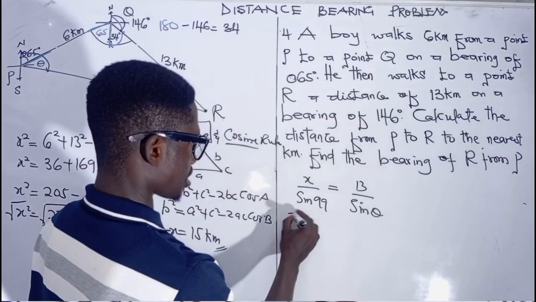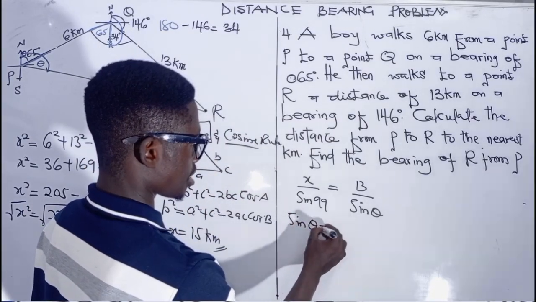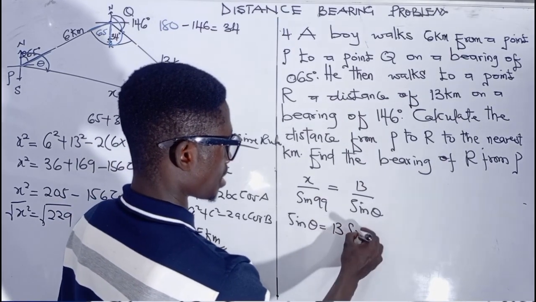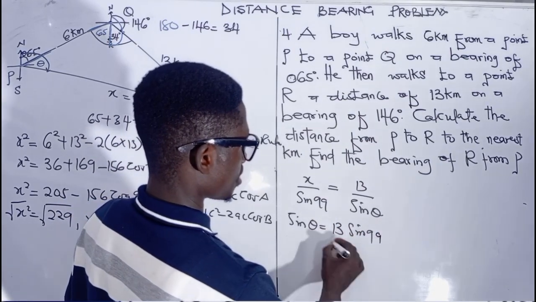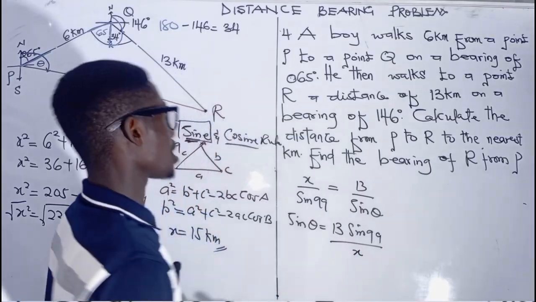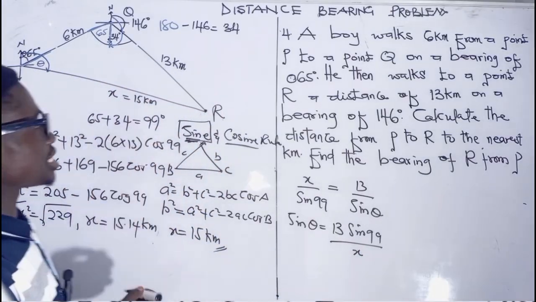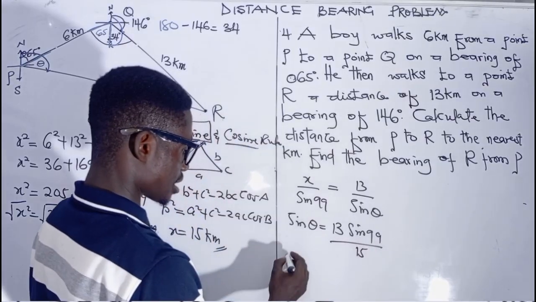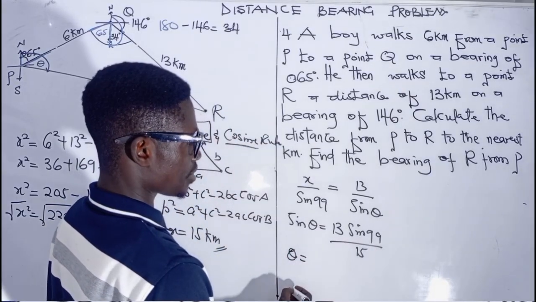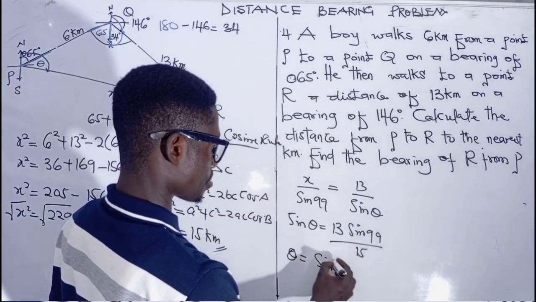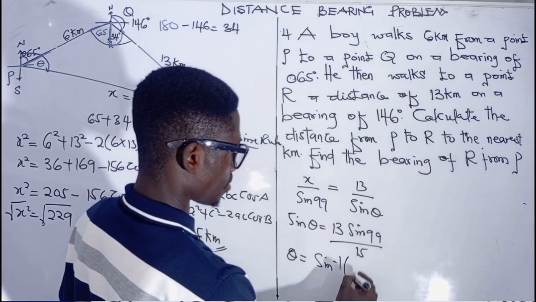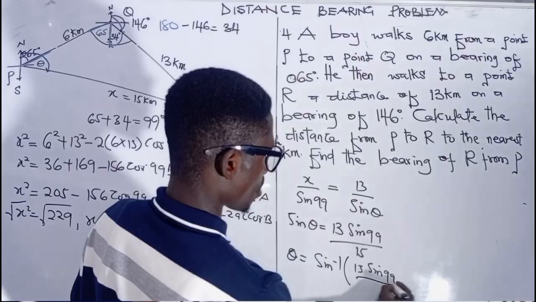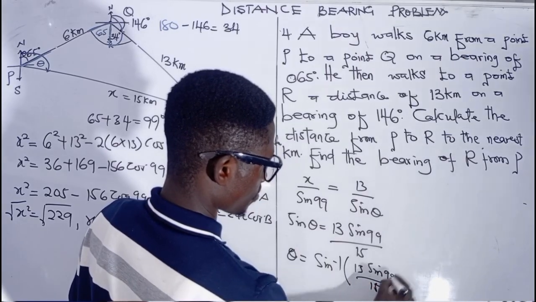So we are going to have sine theta is going to be 13 multiplying sine 99 all over x. And we know that our x is 15 kilometers. So let's bring our 15. So you can say that our theta will be given as sine inverse of 13 sine 99 all over 15.